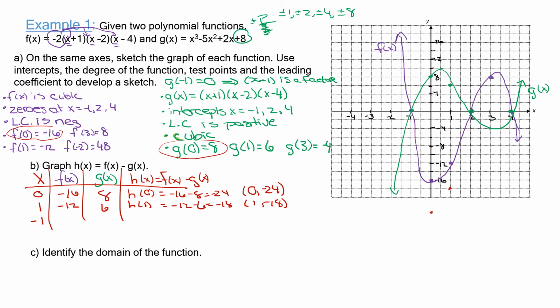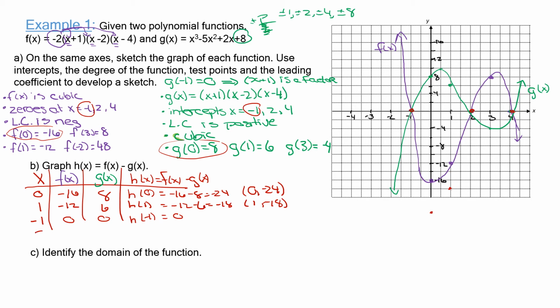F at -1, that was a 0. G at -1, that's also a 0. So h at -1 is also going to be a 0. That means the zeros that we had aren't going to move. They're going to be invariant because they're all the same. So I'm going to put red dots on all my x-intercepts because they're all staying at 0.